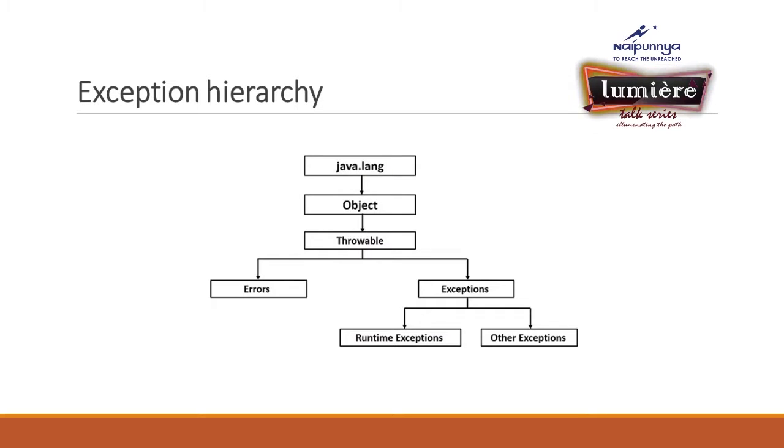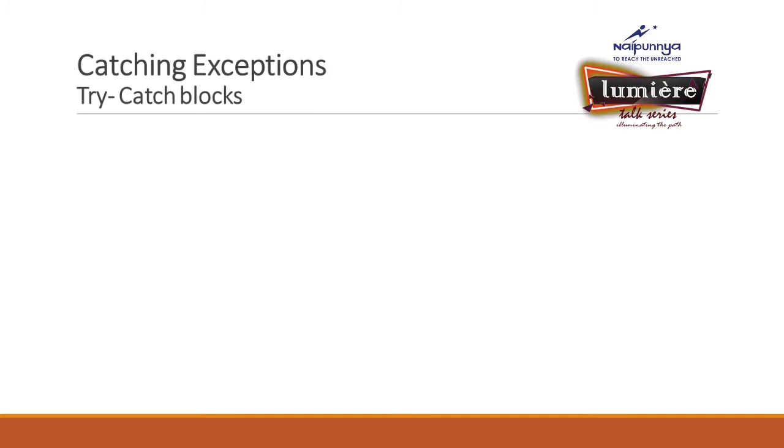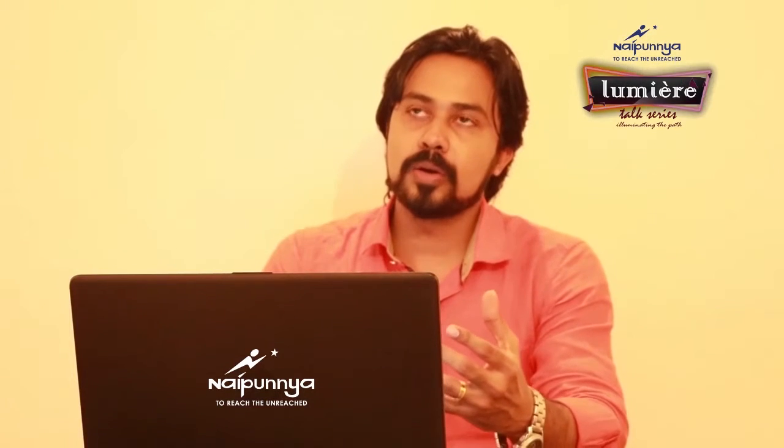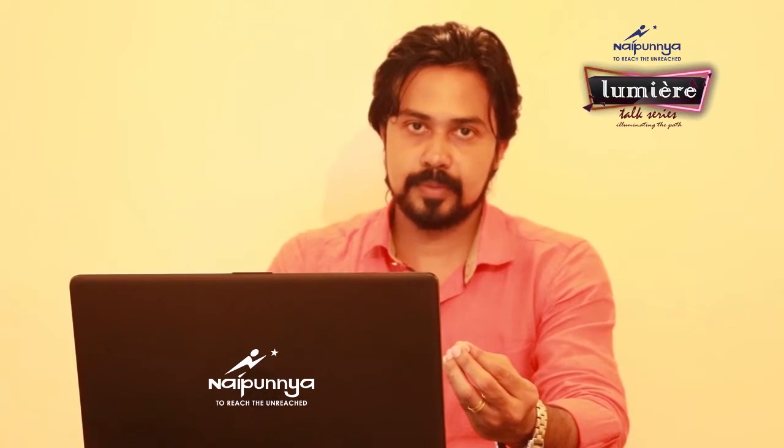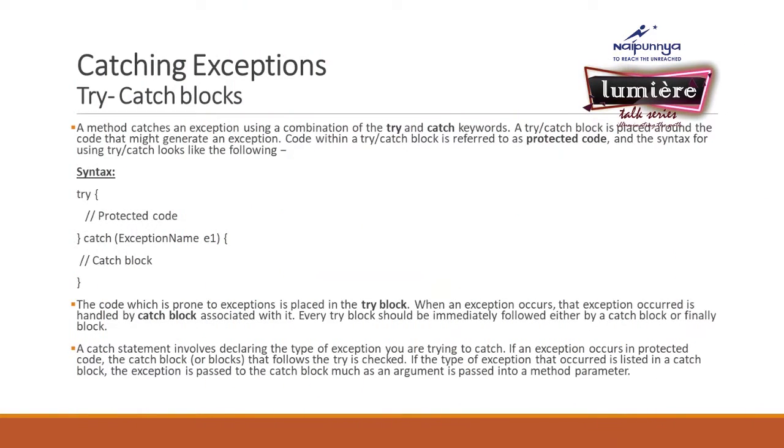Now we are going to discuss how we can handle an exception. An exception can occur in a program, and we need to handle the exception in the proper manner. If we handle the exception properly, then we can execute the program without the error condition.